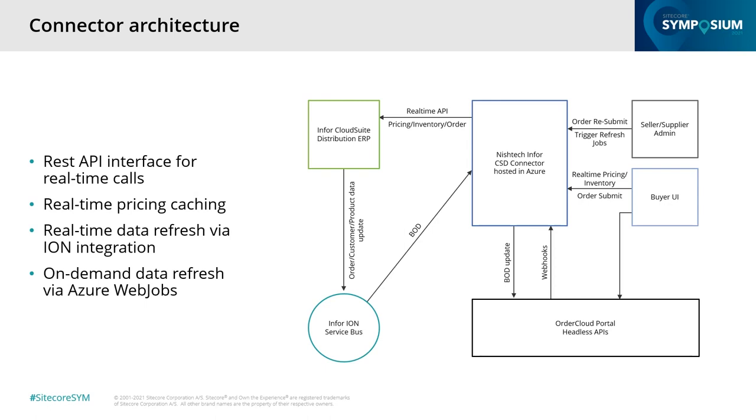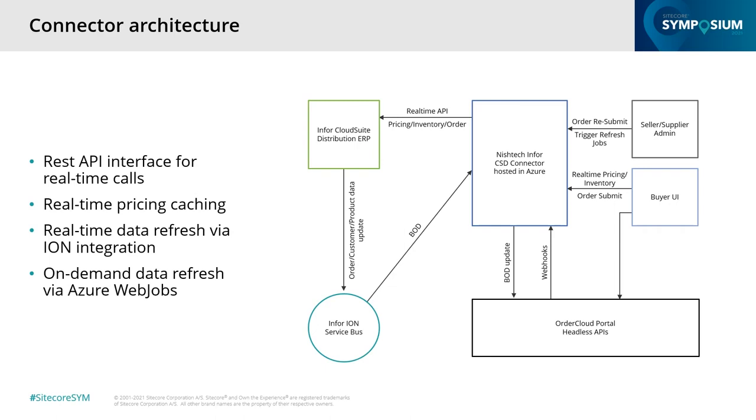For real-time inventory, connector always makes API call to Infor CSD to get the inventory for the product in the specified warehouse. When a customer makes a purchase, they create an order and submit the order to connector order creation API endpoints.